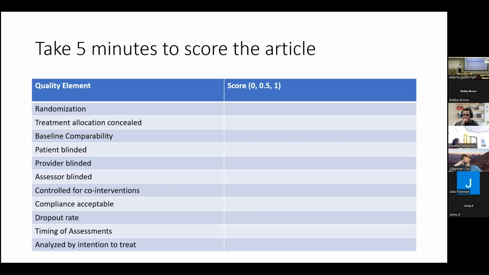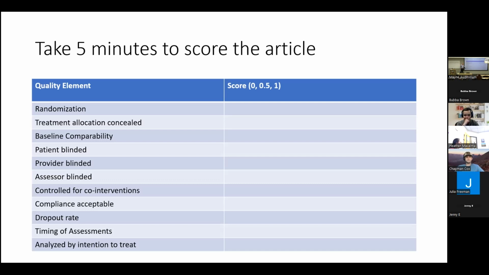Compliance to me means high compliance is they didn't ever miss doses or rarely missed a dose. Is that what you're saying? It didn't talk about that specifically, but it did say 81% of the participants were compliant with the whole treatment program. Okay, so you could either go a 1 or a half, right? And this is where this whole exercise goes into some wiggle room here.